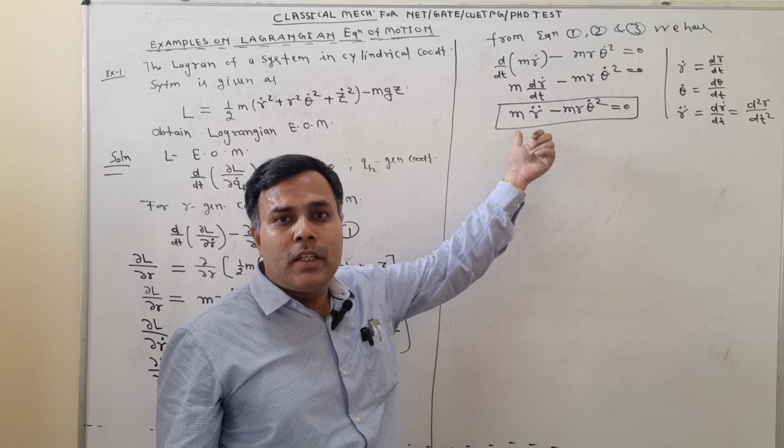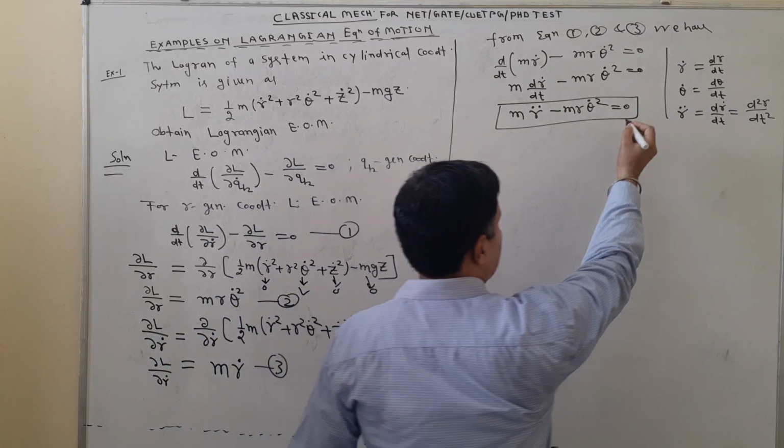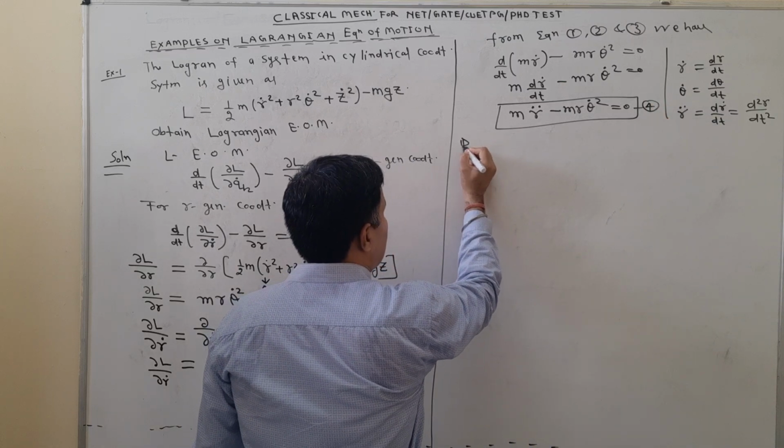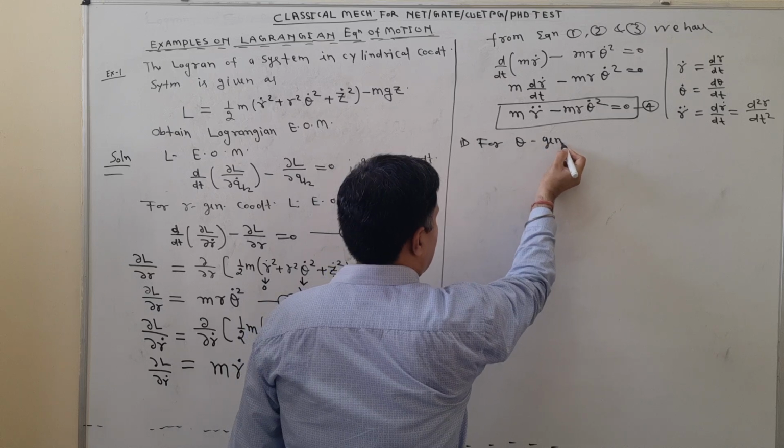So this is the Lagrangian equation of motion corresponding to the r generalized coordinate. Let me tell you, this is equation number 4. Now we have the second one, for the theta generalized coordinate.